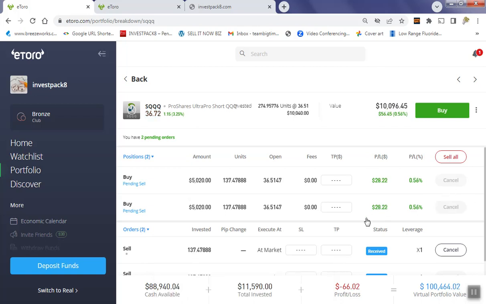Okay, these are pending sales. So if you ever get a pending sale, that means not enough people are looking for it. It's not enough people that are trying to buy it, so you're trying to sell your stuff back.